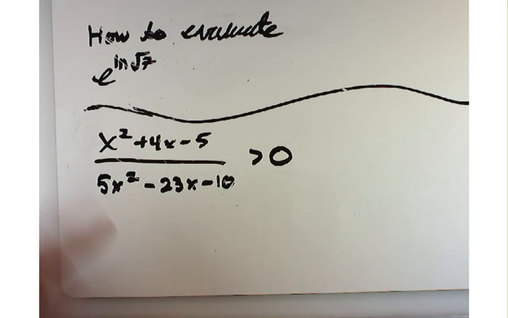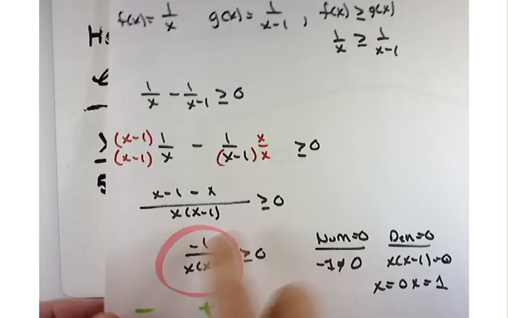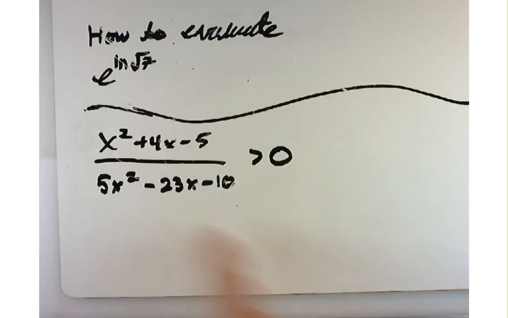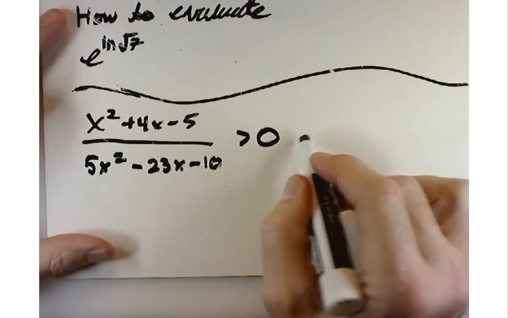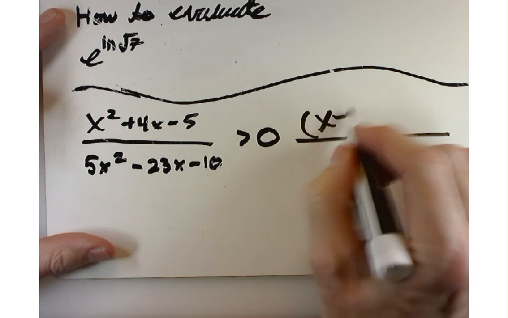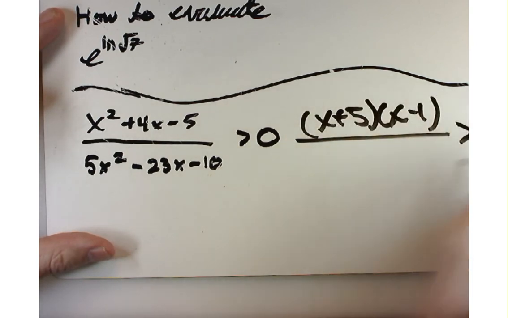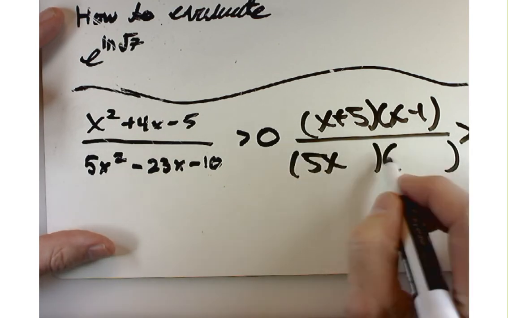This bottom one here, you would solve it much like we solved here, in terms of, you get everything on one side. Basically, the hard part here is that you would have to figure out how these things factored so you get all your points. The numerator is not a bad one. That's x minus 1 times x plus 5. The denominator, 5x and x.